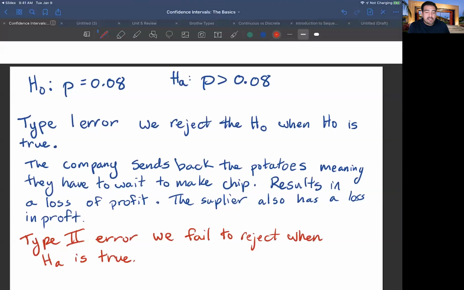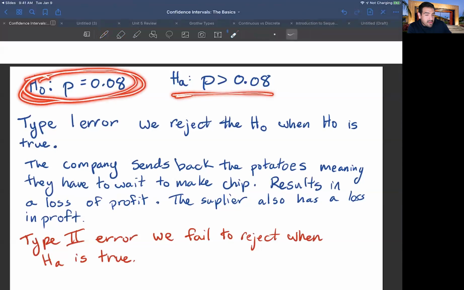So I'm gonna fail to reject this claim. I'm gonna fail to reject that the proportion of this truckload is 8%, even though it's actually more than 8%.